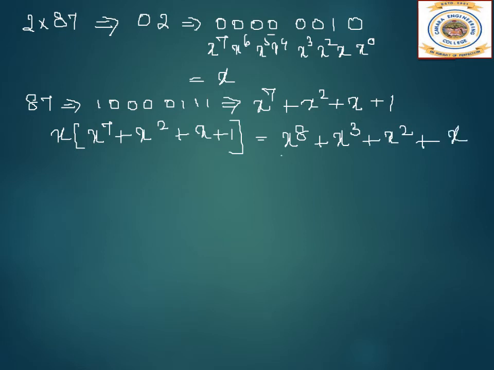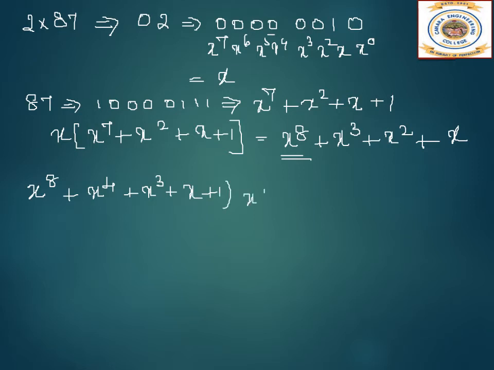Now this is going out of the field since we have x to the power 8. It should be within x to the power 7, and the polynomial should have only the values up to x to the power 7, not beyond that. So now we have to divide it by the irreducible polynomial. The irreducible polynomial is x to the power 8 plus x to the power 4 plus x cube plus x plus 1.